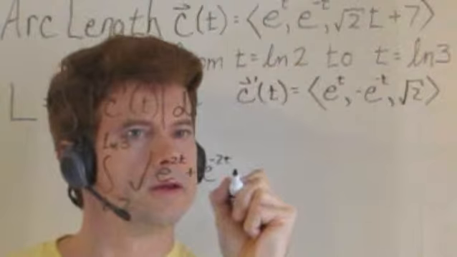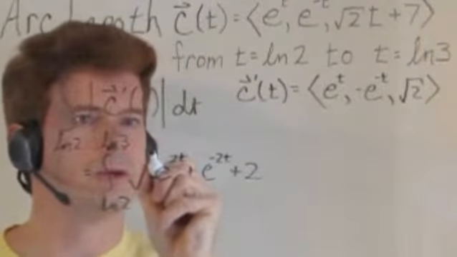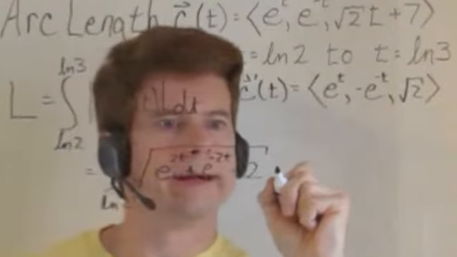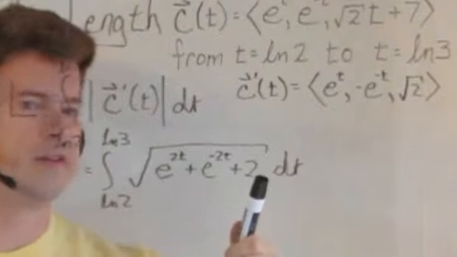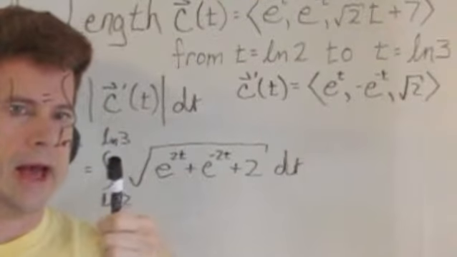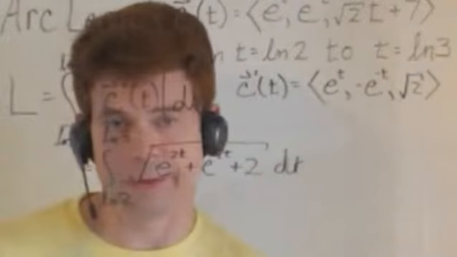And then the square root of 2 squared becomes plus 2 in dt. Now if you're looking at this and asked to find the integral of it and you don't know what to do, I understand your pain.